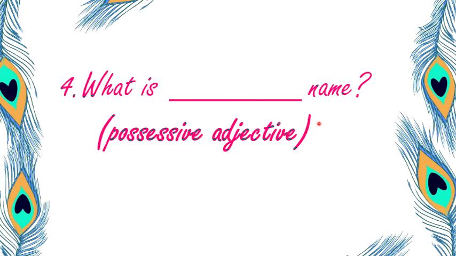Okay, what is your name. Right, but can it be: what is their name? No, because we have the helping verb is here. So accordingly we should put a singular possessive adjective over here. Alright, yes, let us move next.